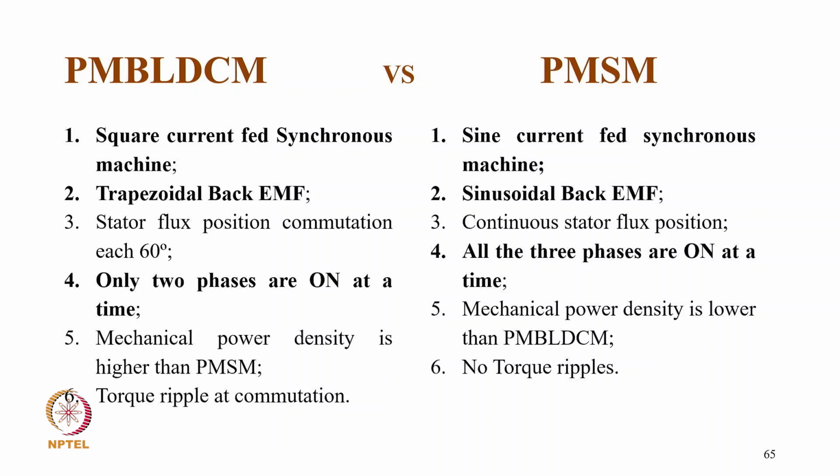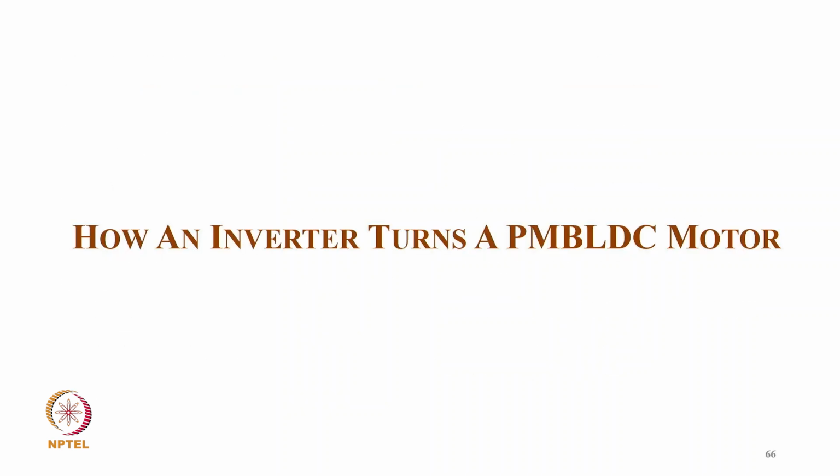And then we compare PMBLDC and PMSM. Of course, PMBLDC is with square wave current, quasi square wave current, while the sinusoidal machine has trapezoidal back EMF, and stator flux position of 60 degree commutation each, and only two phases are on at a time, giving the best operation, and mechanical power density is higher than PMSM, and torque ripple is, of course, at the commutation. So these are the comparisons of the two.